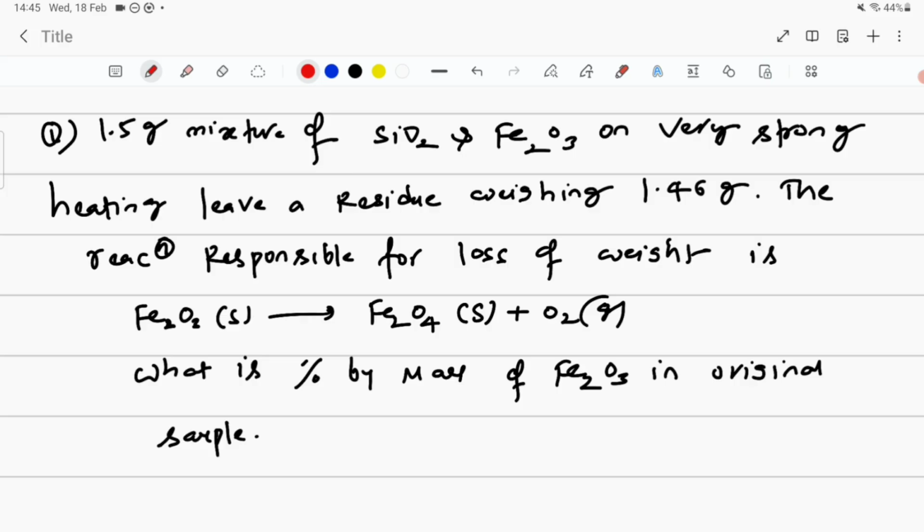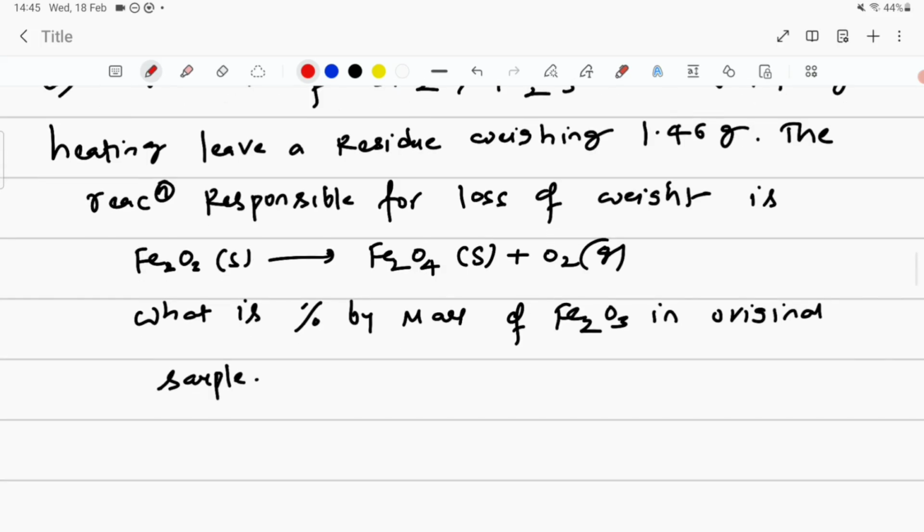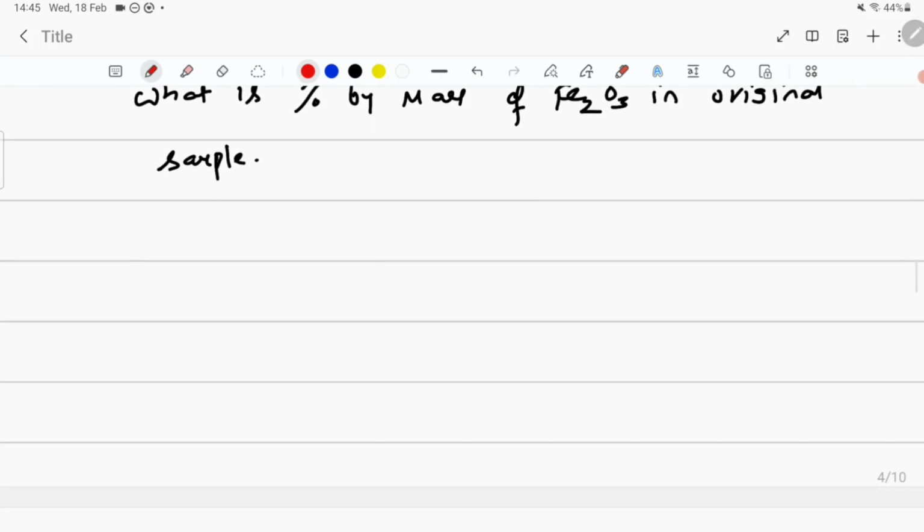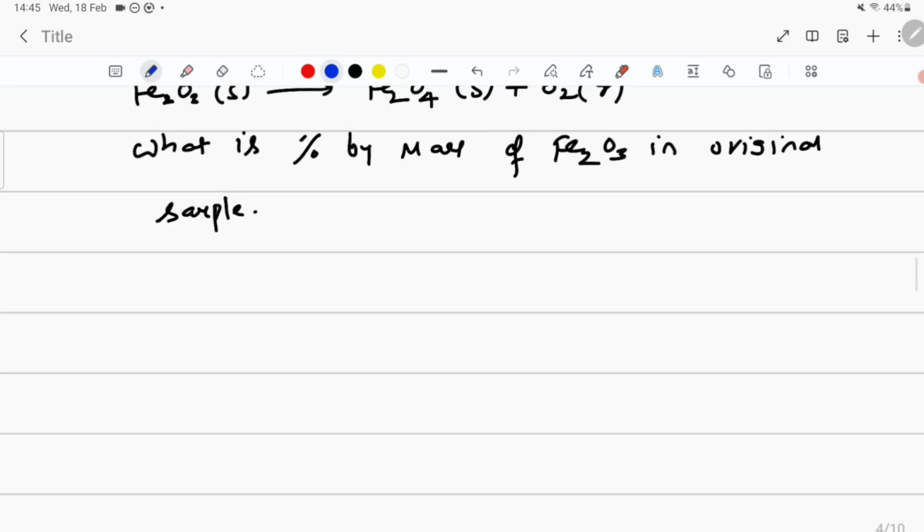These are mixture based questions. See now, what we need to do: first I am writing the balanced reaction, 3 Fe2O3 gives 2 Fe3O4 plus half O2, balanced reaction.